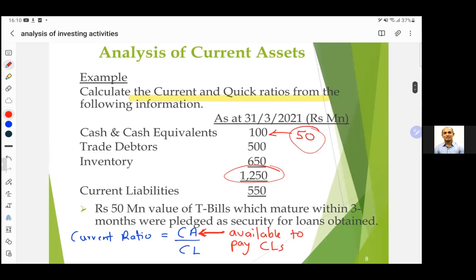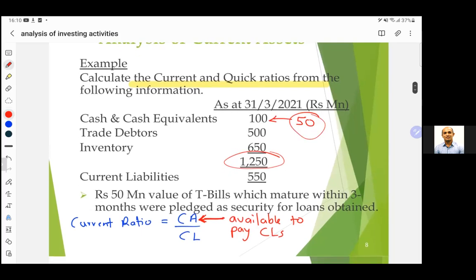These 50 million treasury bills the company has kept for borrowings. Therefore, you cannot withdraw these 50 million treasury bills to pay your current liabilities.